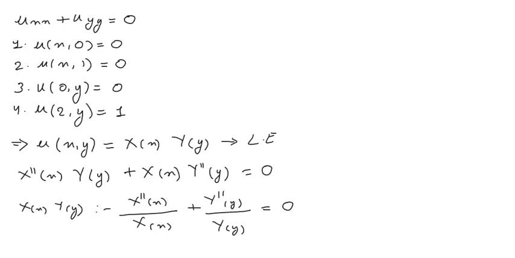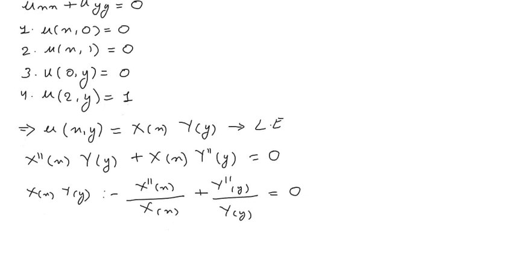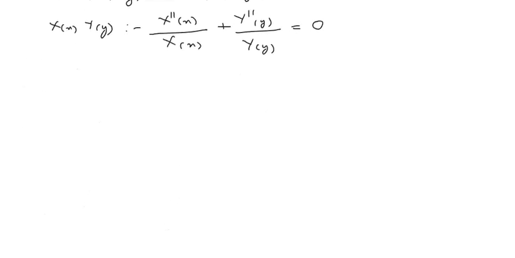Now moving further, since the left side depends on x and the right side depends on y, both sides must be equal to a constant, which we will call lambda square.